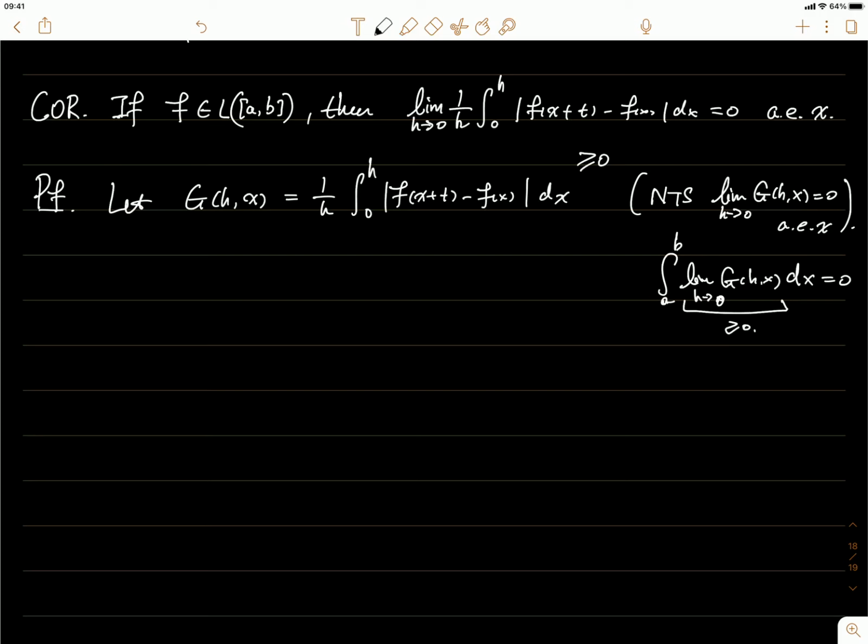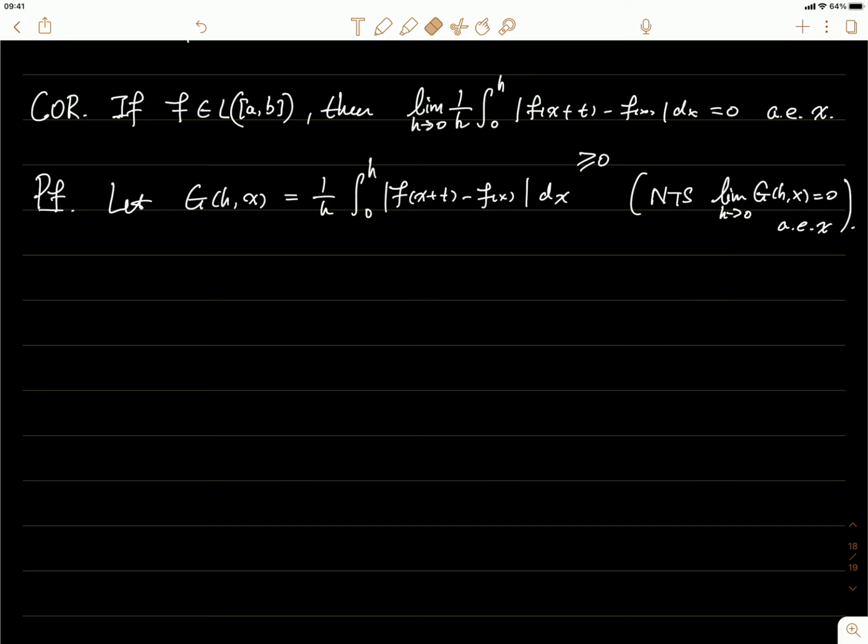So we just need to show that this integral is equal to 0. Then, since the limit here is non-negative, we can claim that g(h, x) goes to 0 as h goes to 0 for almost every x. Right? That's what we can do.